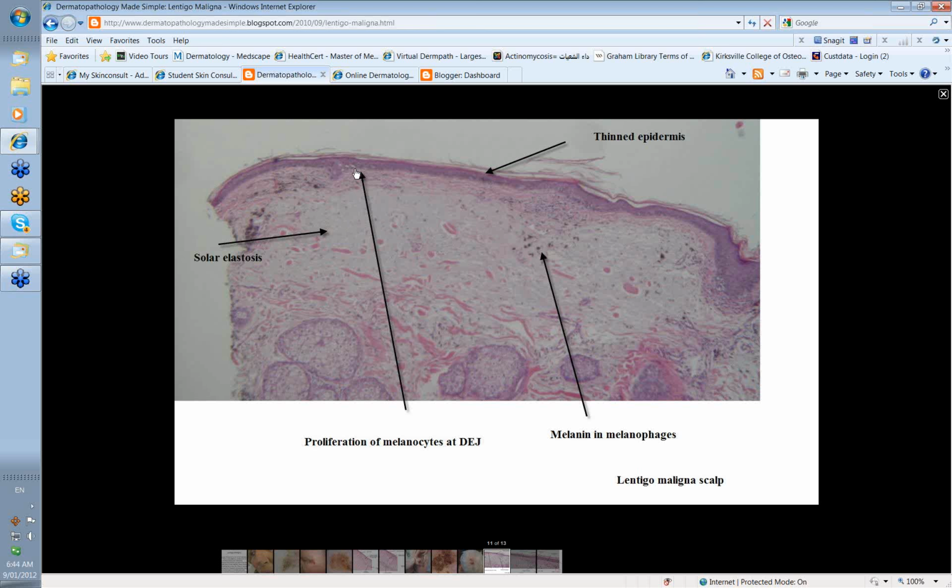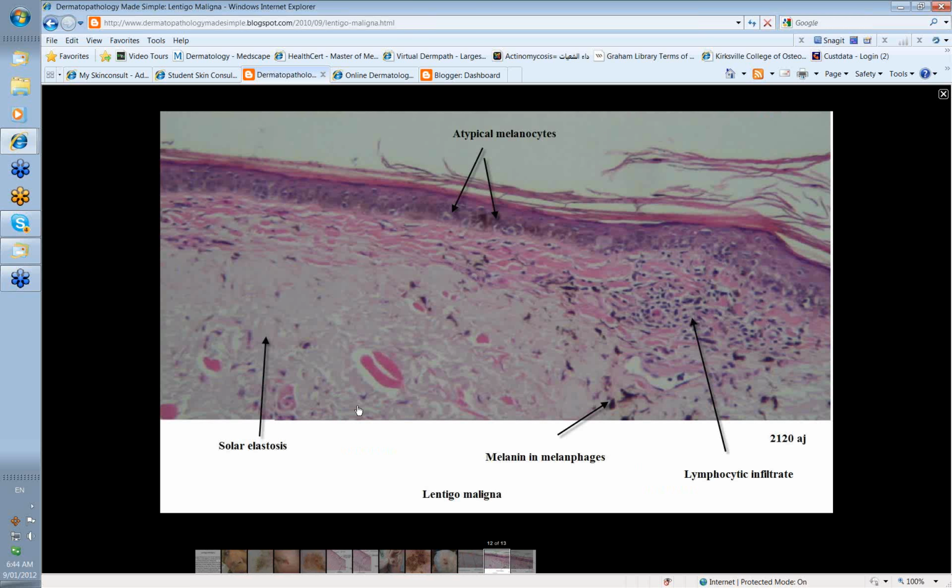And what we're trying to show there is a proliferation of atypical melanocytes at the dermo-epidermal junction. Now if we look at a higher point of view, here you see it here. Now, you may look at this and think that really the proliferation isn't that marked at all.